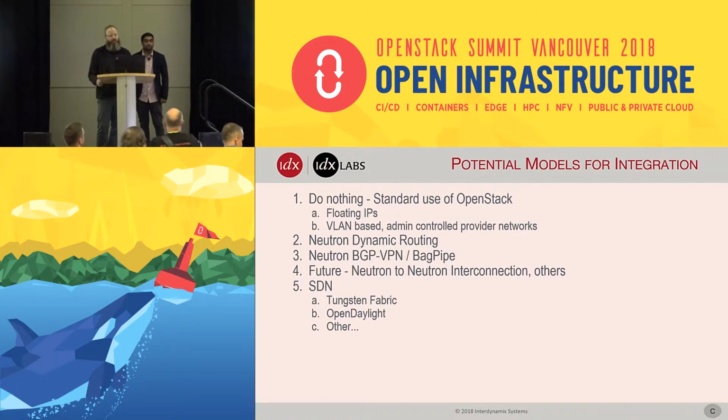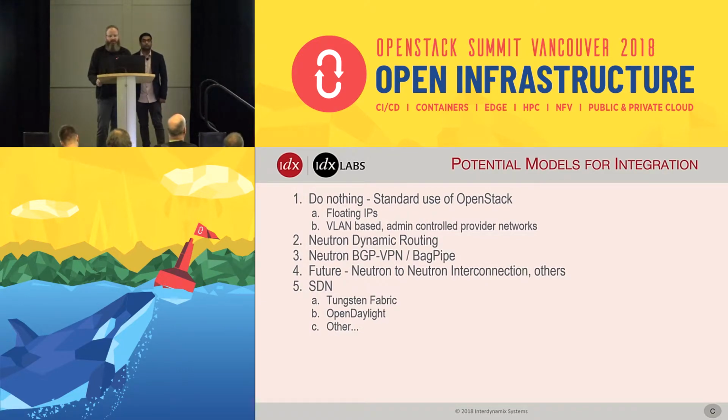After that, we looked into Neutron BGP VPN and the Bagpipe project, and those are the two that we demonstrate in this presentation. But in the future, there's also a project called Neutron to Neutron. It's a spec right now, which hopefully will get implemented at some point.